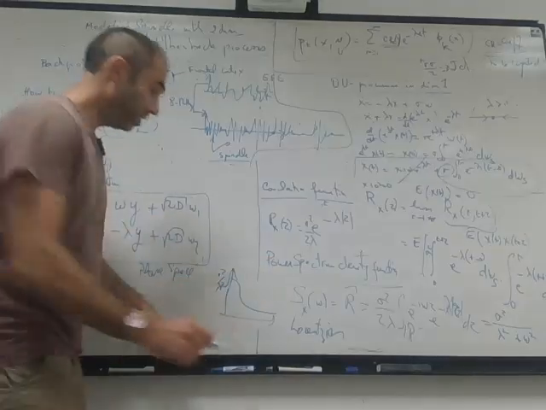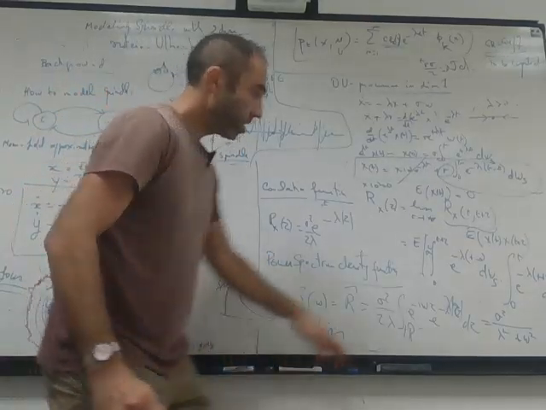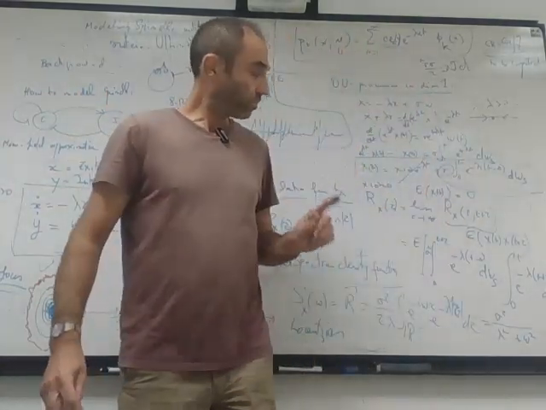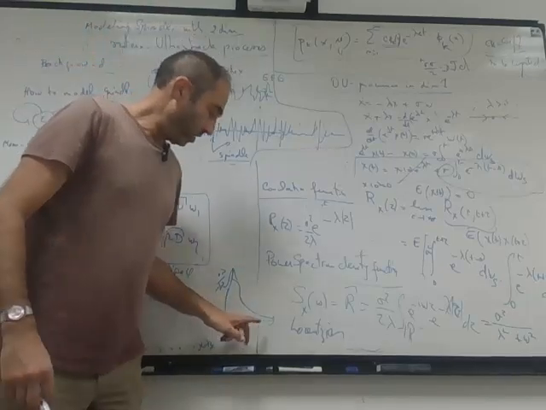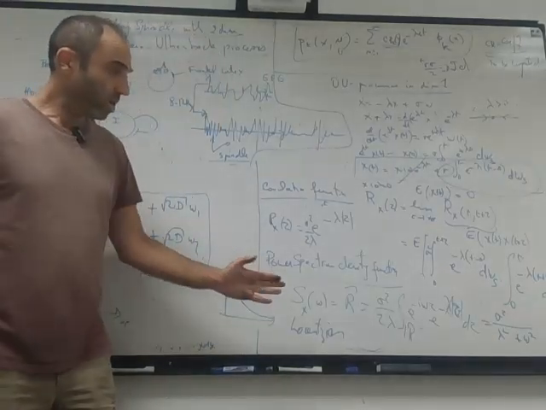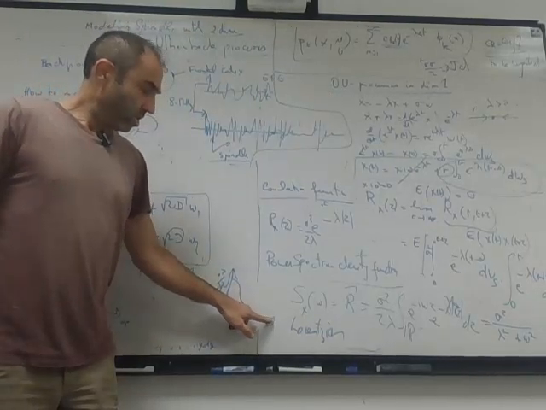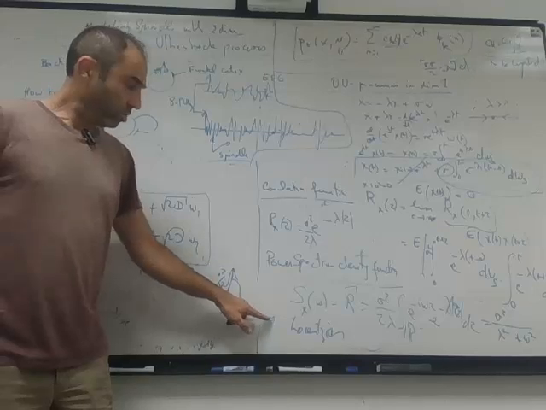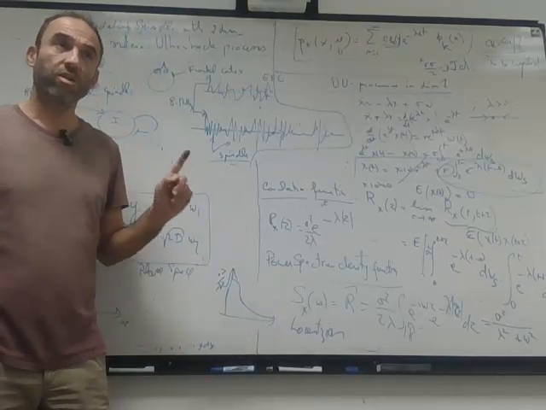It decays to 0 with a speed of omega squared. Which means that if you look at the Fourier transform of your process, you don't get much of the high frequency.